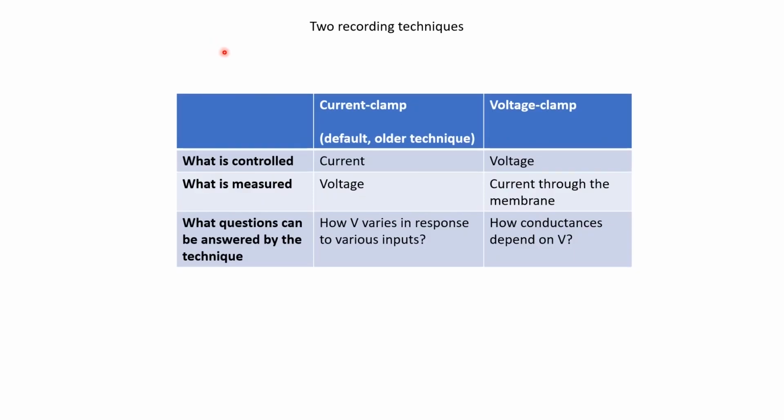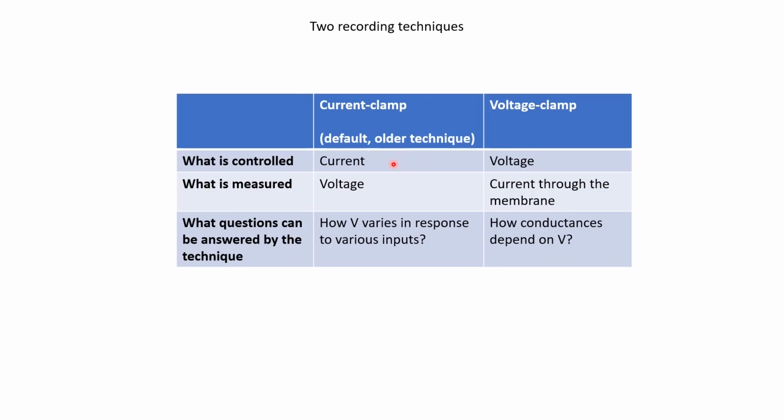So broadly, the electrophysiological recordings from neurons can be put into these two classes, current clamp and voltage clamp. In the current clamp recordings, as is clear from the name, we are clamping or controlling the current. So this is the default older method of recording. Before the current lecture, all the previous recordings we saw were current clamp recordings.